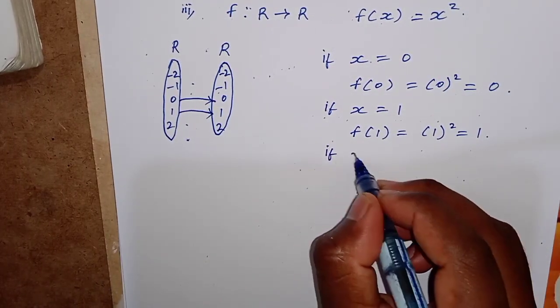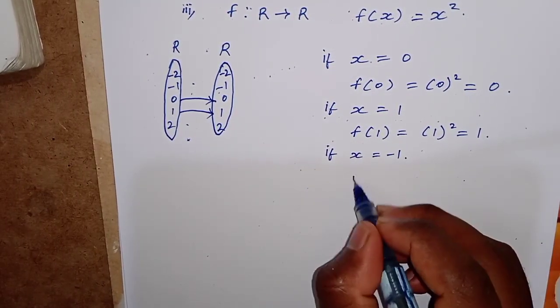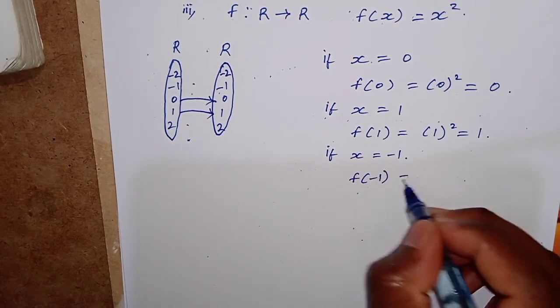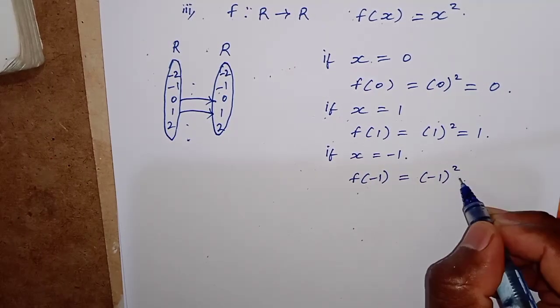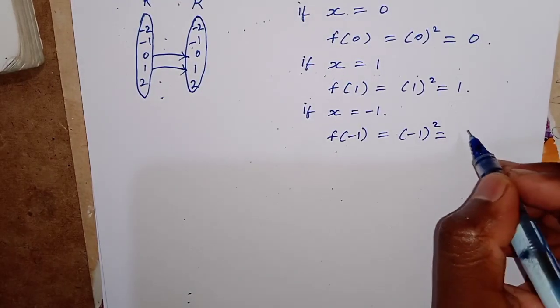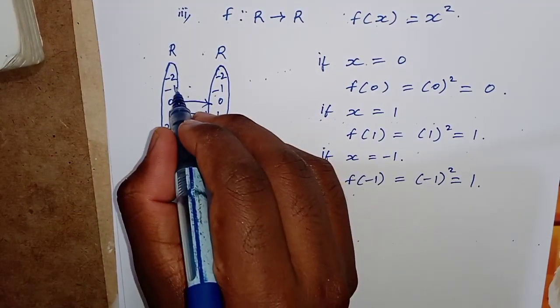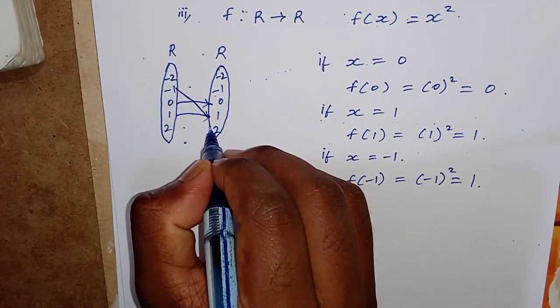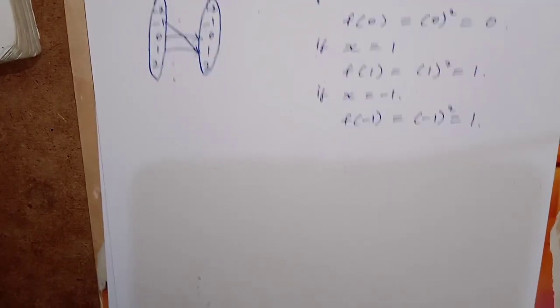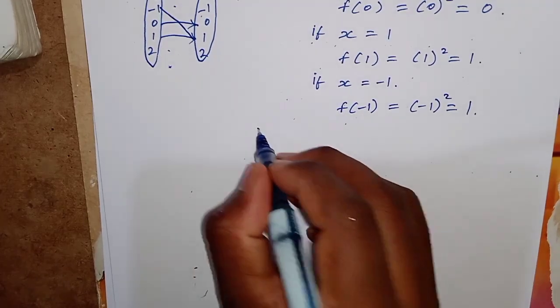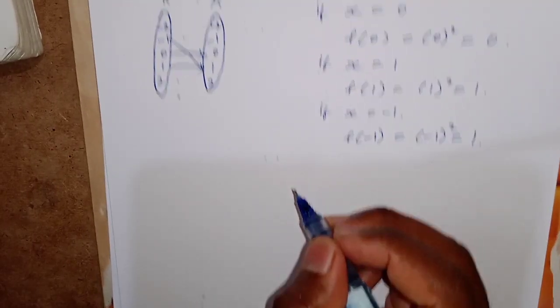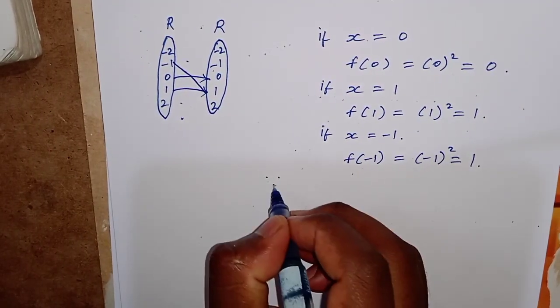Next, if x equal to -1, f of -1 equal to -1 whole square. If you square -1, you will get +1. Therefore -1 is related to +1.